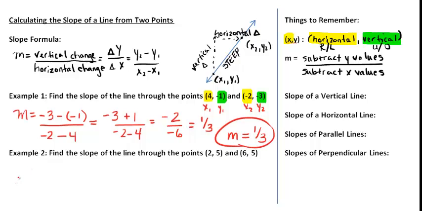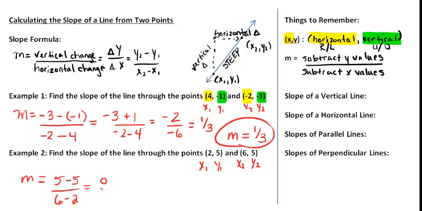For my second example, again I want to take a look and identify my y coordinates. My second y coordinate is 5, and so is my first y coordinate, divided by my x values. My second x value is 6, my first one is 2, so divided by 6 minus 2.